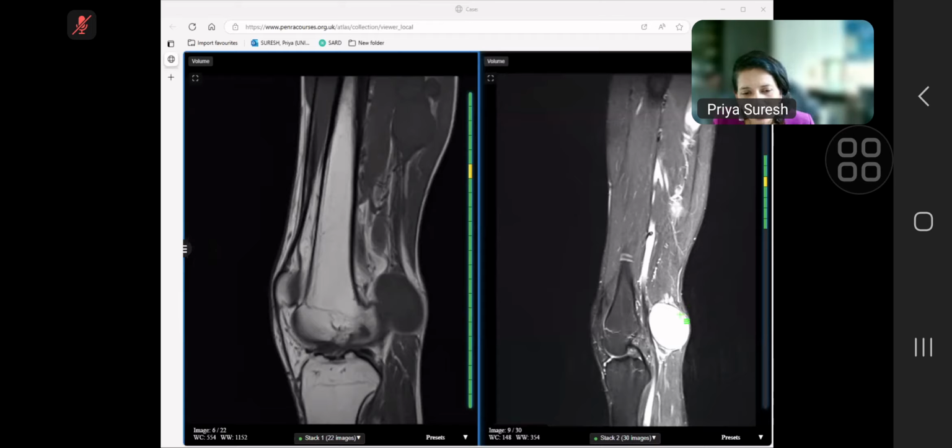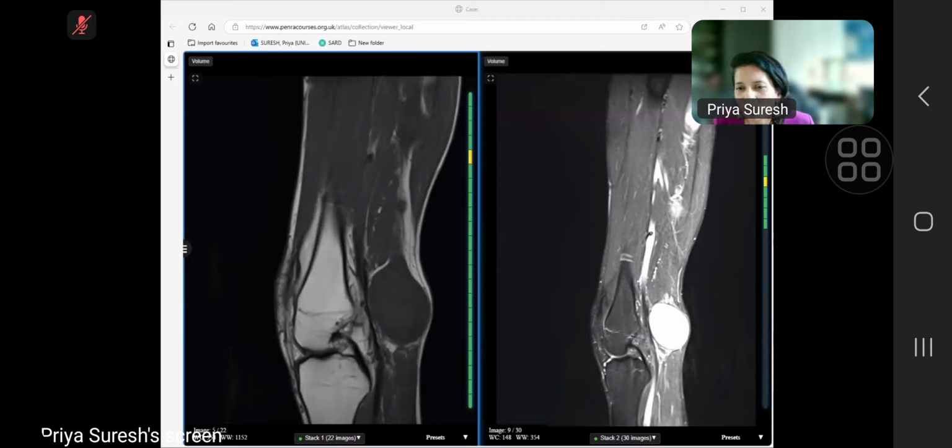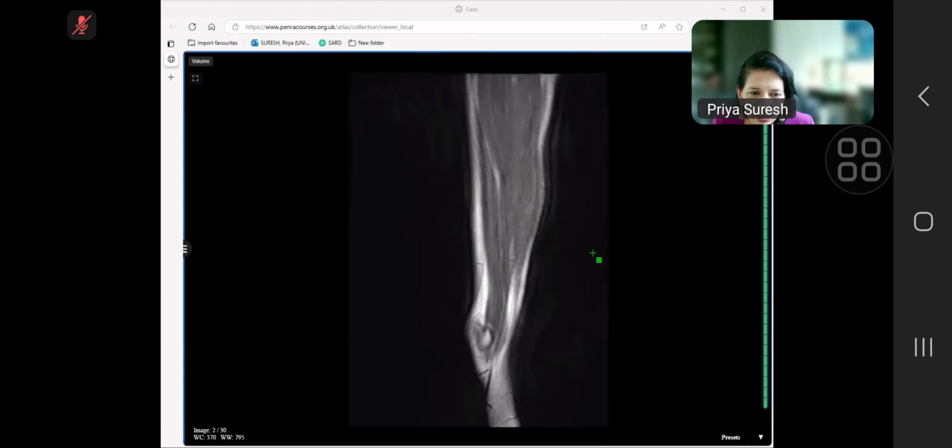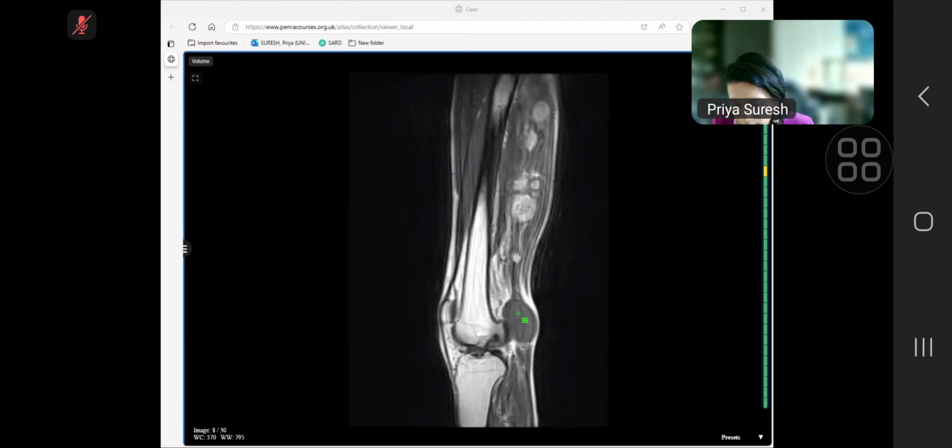And the other thing is, when I asked you why this is not showing enhancement on the post-contrast scan compared to the other ones, the answer is that you can have what we call cystic degeneration. Basically it has all become cyst now, so that's why it's not showing any enhancement. Cystic degeneration is actually a good sign.